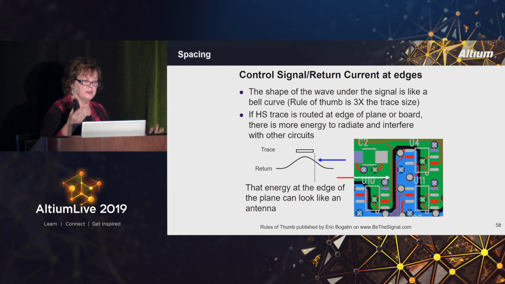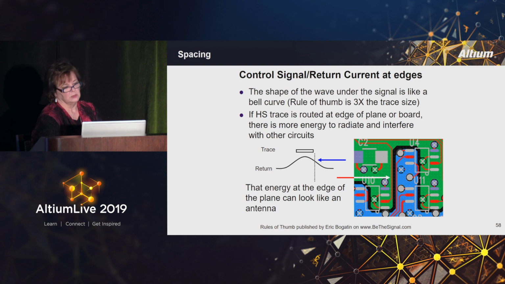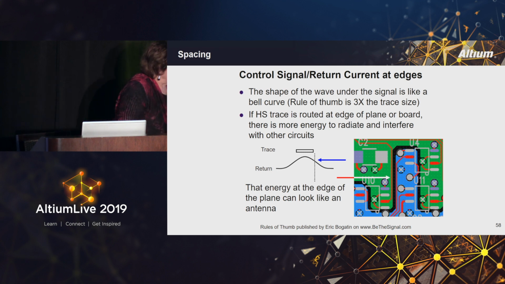But anything that's in the digital realm can have some of the issues that we've talked about. So the shape of a wave, if you have a signal here, the shape of the return energy that's underneath that signal is about 3 times the width of that signal in the plane below it. The energy shape is about 3 times.